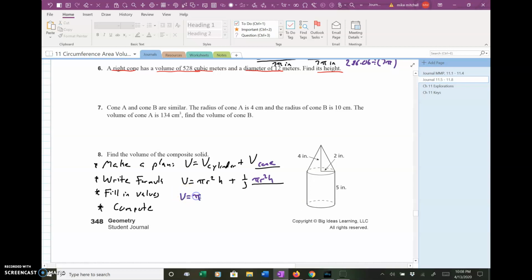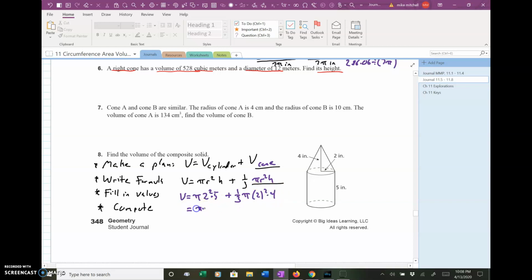Volume equals pi. What's r squared going to be? That's going to be 2 squared. Our height is going to be 5 inches for the cylinder, plus 1/3 pi. Same shape for the base, so it's the same radius. It's going to be 2 squared times the 4.